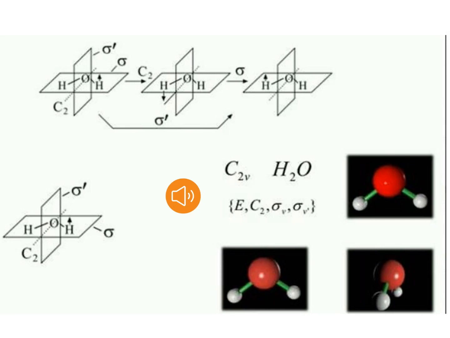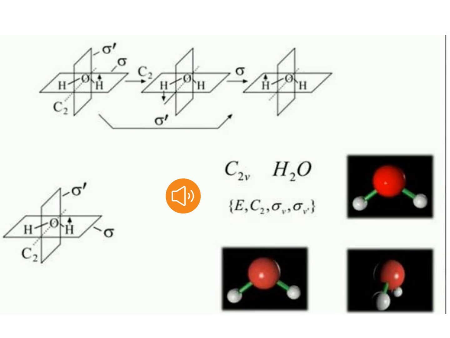So the symmetry elements present in the water molecule are, the first one is identity, the second one is the C2 axis of rotation, and the third is the plane of symmetry, which is sigma v1 and sigma v2. And identity is found in every molecule, because identity is actually doing nothing.